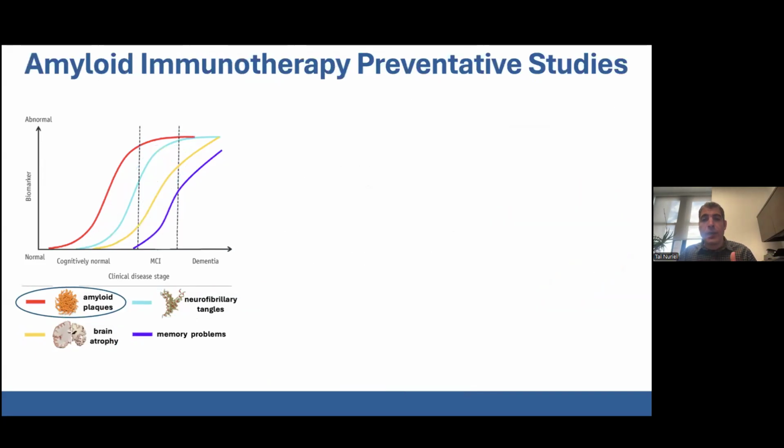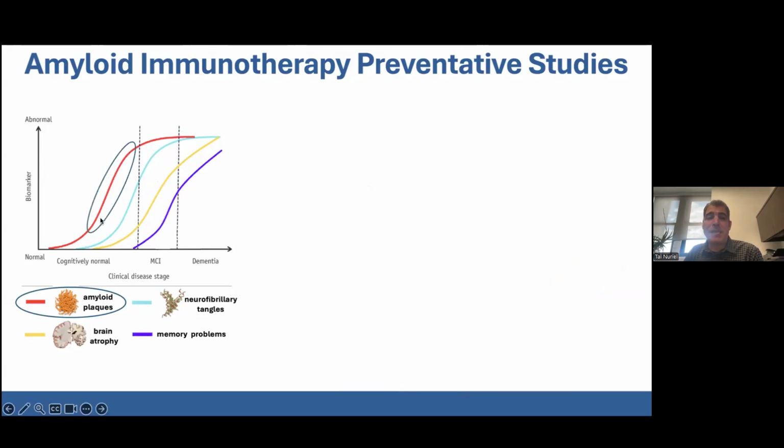But I do think there's still hope for prevention, and I actually think, this isn't a popular stance, but I'm still hopeful that these amyloid immunotherapies might be effective at prevention.